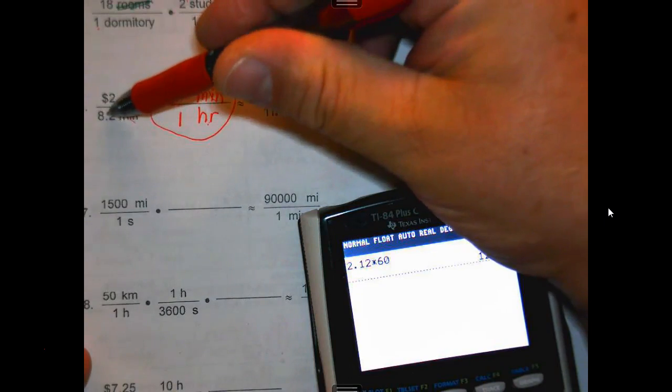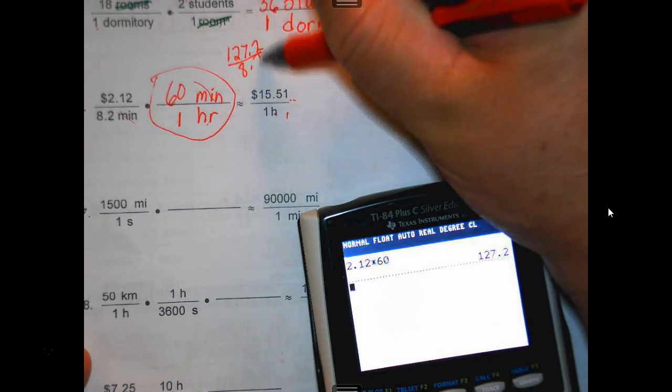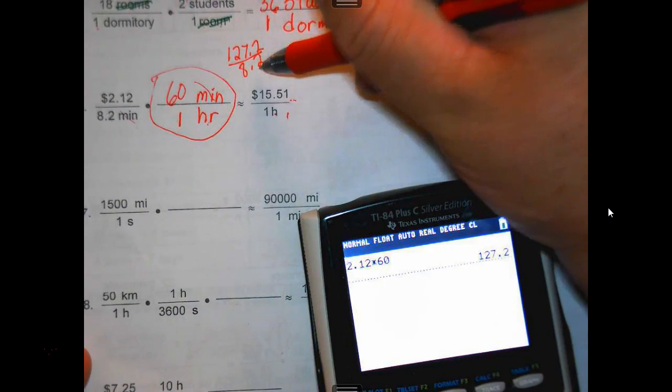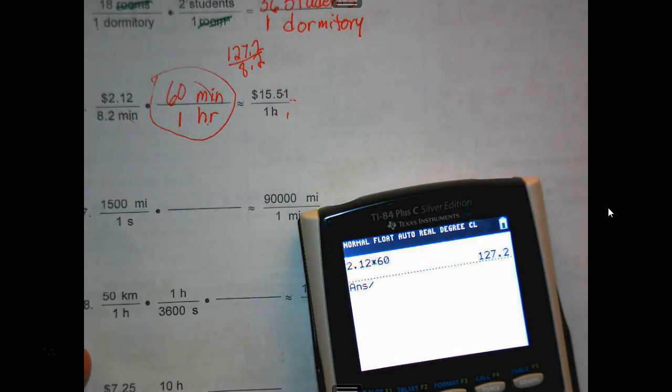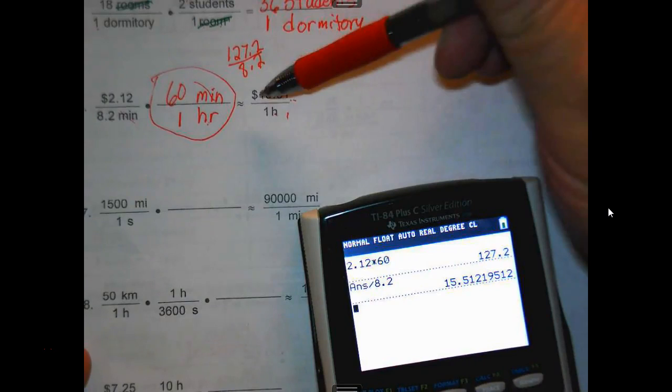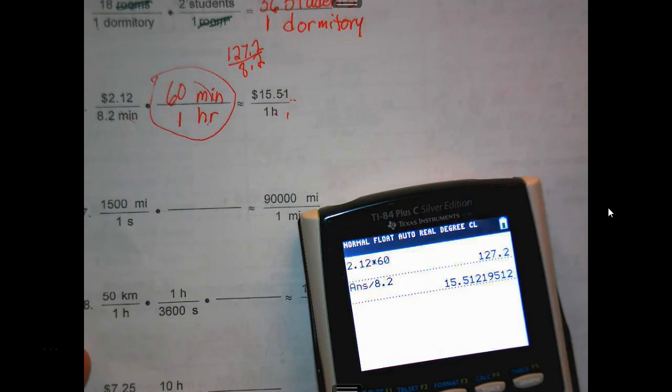And divided by 8.2 times 1, it's 8.2. Then I'm going to divide these two, see if I get my answer. Divide by 8.2. And I get my 15.50 per hour. So I know that I did the problem correctly.